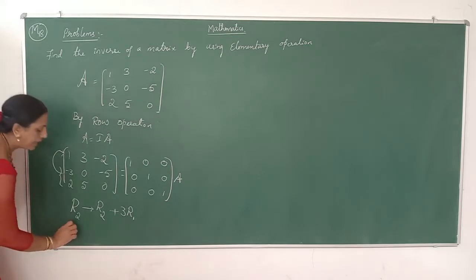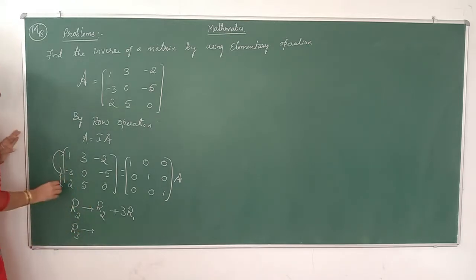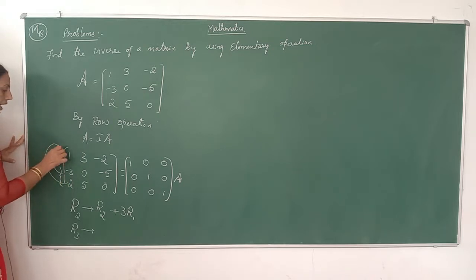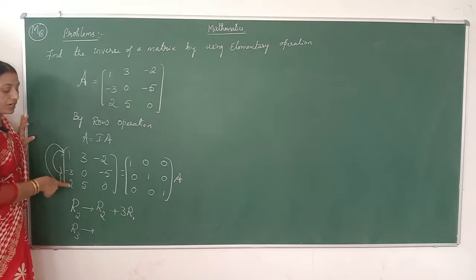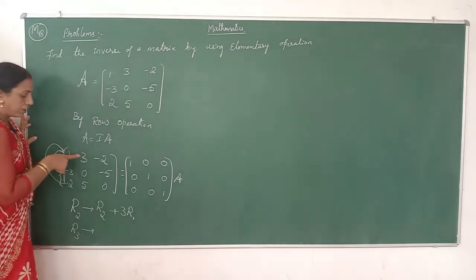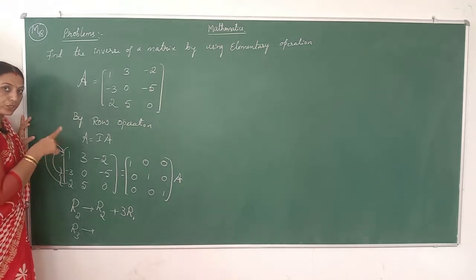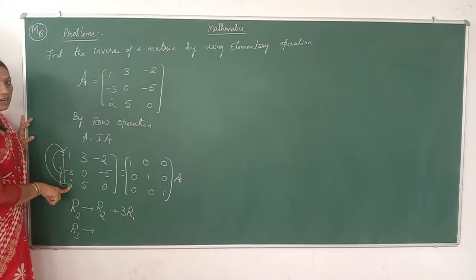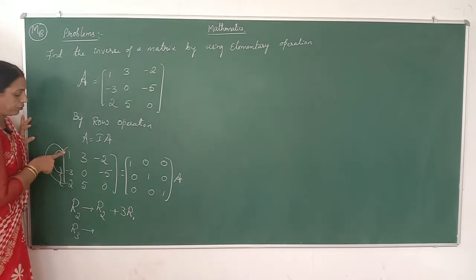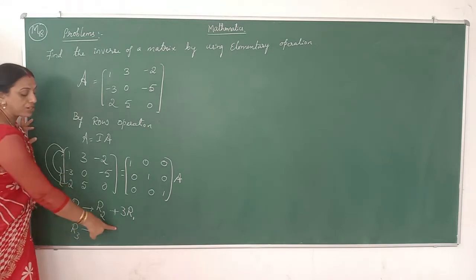So, similarly, R3 is also operated in the same steps. Now, R3 also depends on R1. Again, these two elements are compared with each other, but these two are not equal. So, if all the elements of the first row are multiplied by 2 and subtracted from the corresponding elements of R3. Here, since both are positive, we get subtraction of these two.